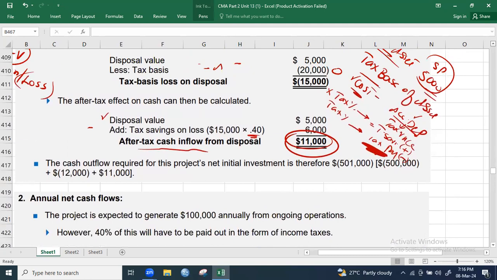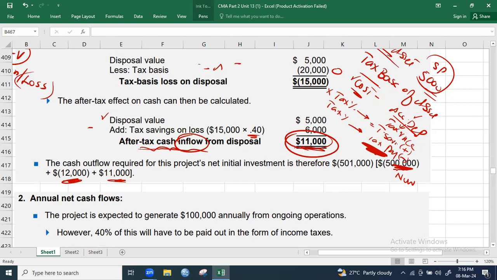So this will give you the initial investment. So 500,000 was the investment in the new equipment. Then you have a 12,000 investment, because it's written negative, right? This is also a payment; you invested in the working capital. And this is your inflow. Why inflow? Because it is the after tax cash inflow from the disposal of old asset.